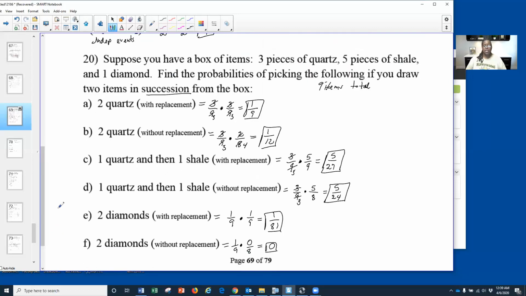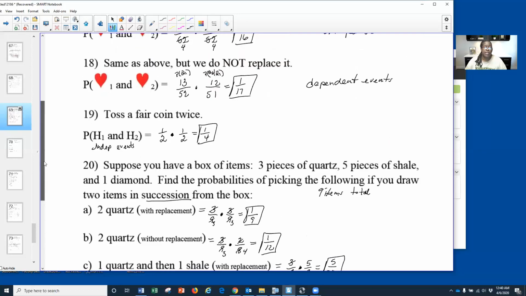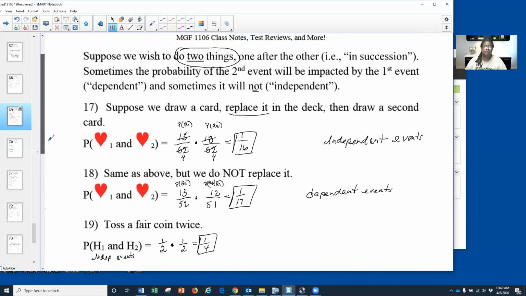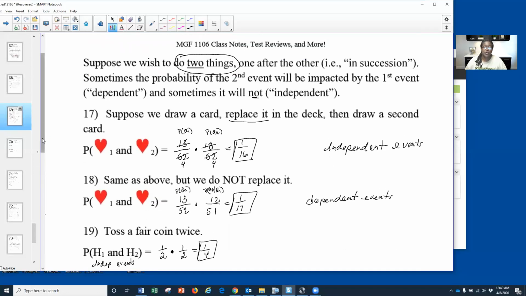Problem 20. So again, look for your keywords. With replacement, without replacement. Okay? And then making sure we're looking at our complementary events. I will not ask you on a test if something is independent or dependent.